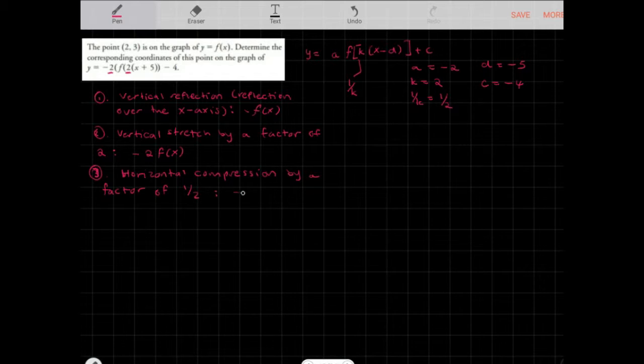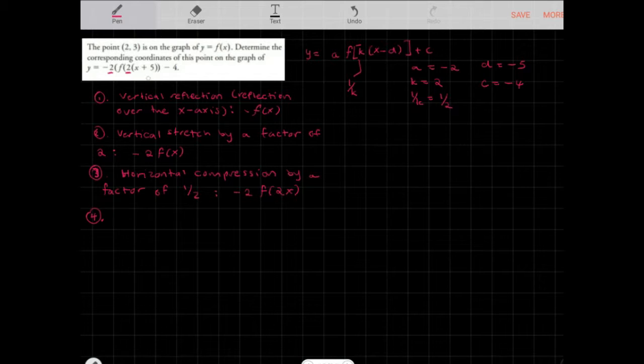And what this looks like in function notation is negative 2 f of 2x. So in function notation we're just building the function together, but the transformation is still a compression of 1/2. It might look different in function notation in comparison to the actual transformation.